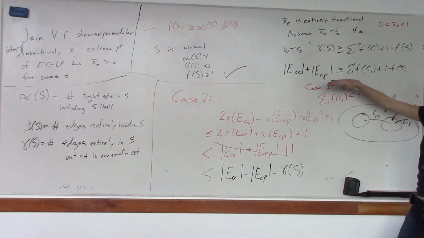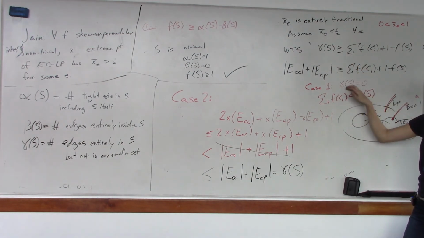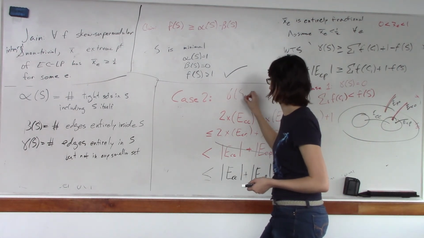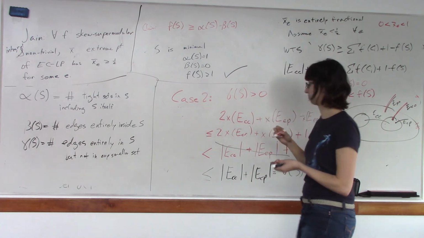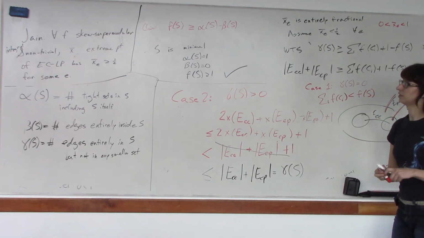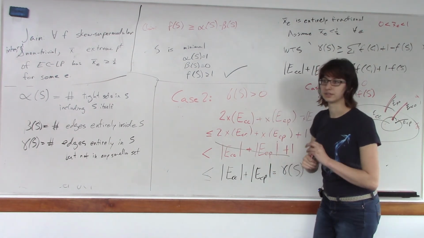And so we know now this is true when gamma S was strictly greater than 0. And so this was all we needed to show: f of s was at least alpha s minus beta s.